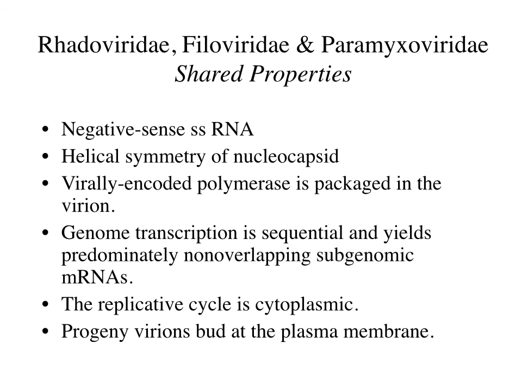They all have helical symmetry of the nucleocapsid. They have to carry a virally encoded polymerase in the virion because, of course, they're negative sense RNA. But the genome transcription is sequential and yields predominantly overlapping subgenomic messenger RNAs.